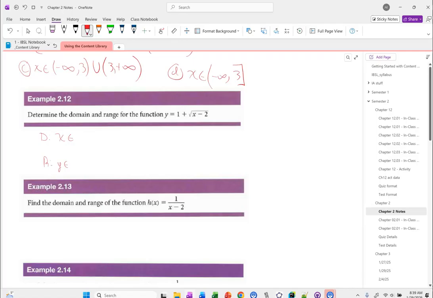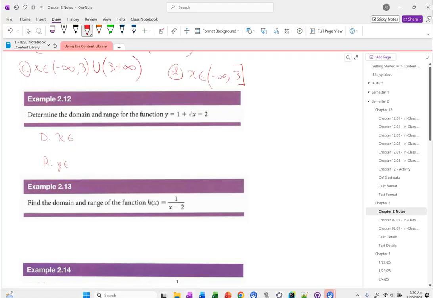So here I have another square root. What do I have to worry about in square roots? Negatives. Where the value under the square root becomes negative. When does that happen? What's the boundary value between negatives and positives? The boundary value of x. When do I get a 0 under there? 2. Okay.